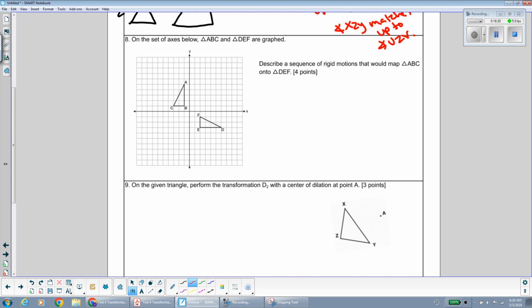There were multiple transformations that could have worked here, but the one that I saw most often was to start off by rotating this 90 degrees clockwise. And I'm just going to take a second and do that. Oops. So hard on the computer.